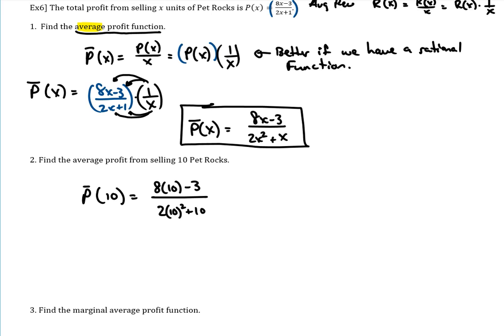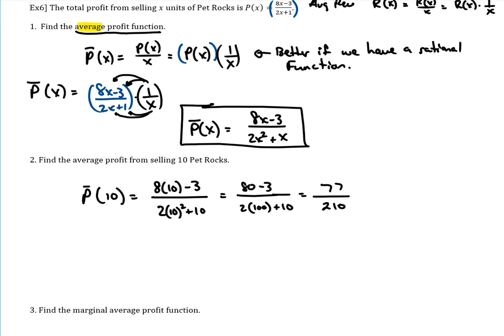When we simplify, it's 80 minus 3 over 2 times 100 plus 10, so 77 over 200 plus 10, which is 210.